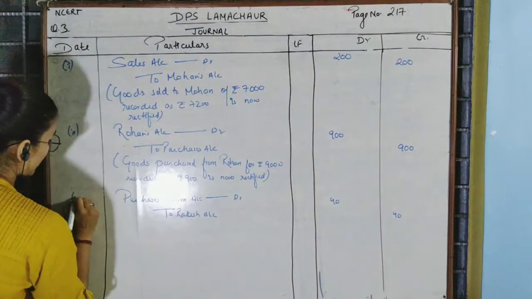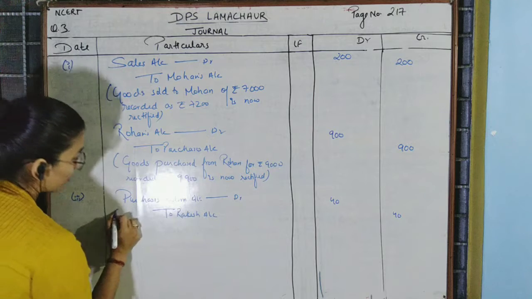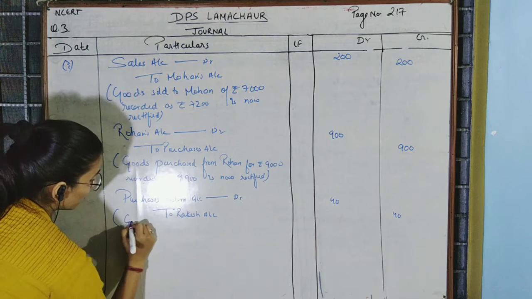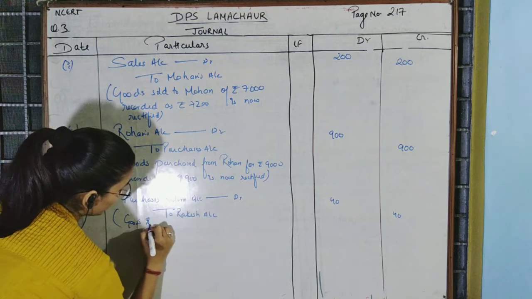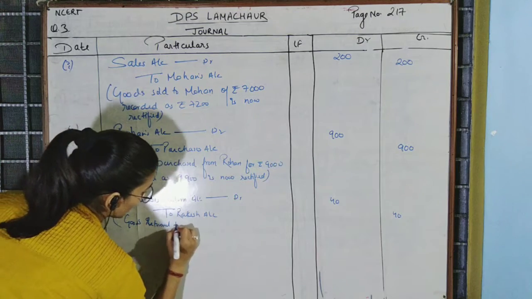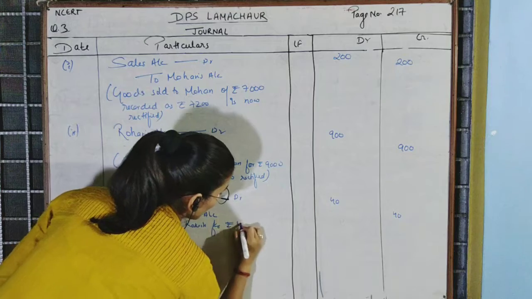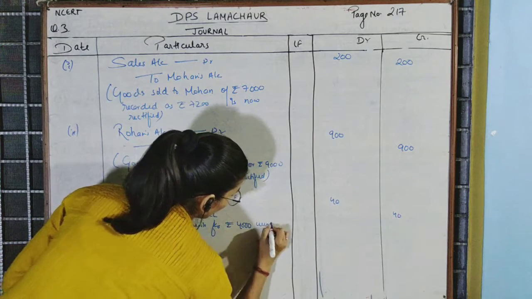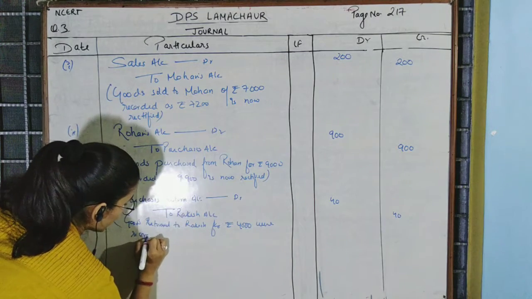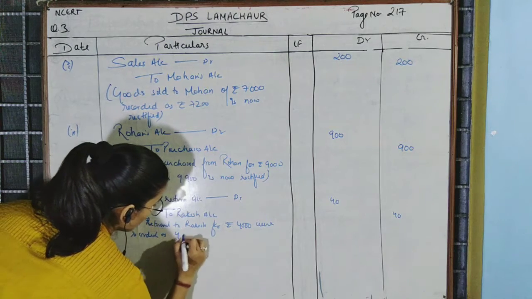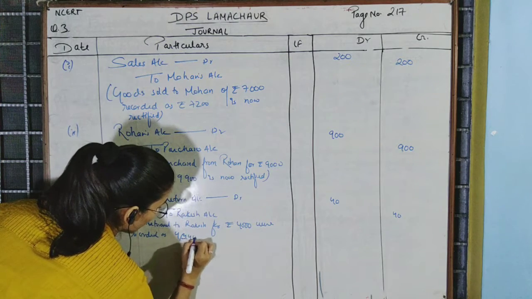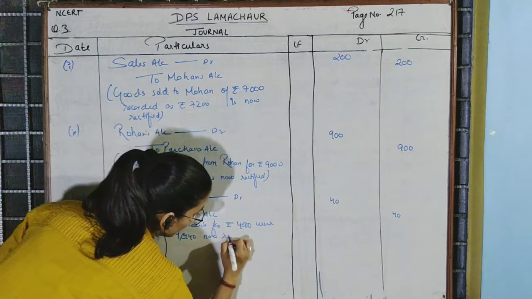This was the third transaction. Narration will be goods returned to Rakesh for rupees 4,000 were recorded as 4,040, now rectified.